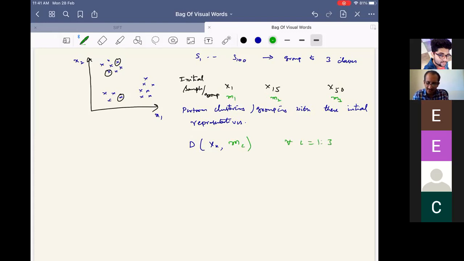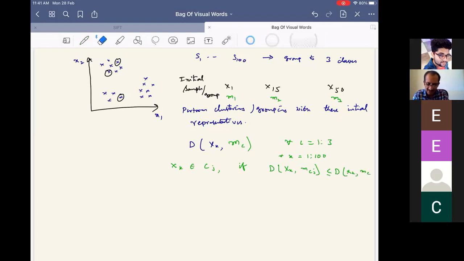I find the distance of Xk for all k equal to 1 to 100. All of them I have found the distances, and then Xk is put into, or belongs to, Cj, for which the distance between Xk and the mean of Cj is minimum, or is less than or equal to the distance of Xk with the other means.